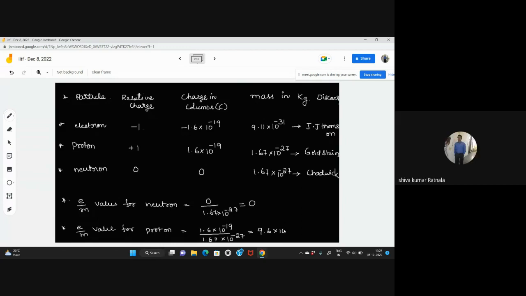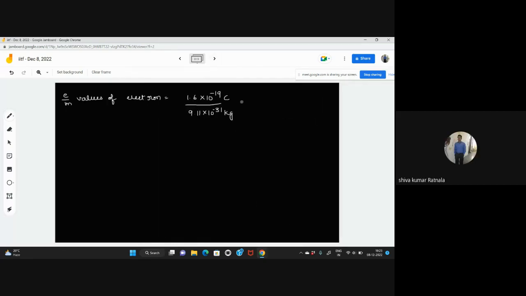And neutron is 0, electron will be 1.76 into 10 to the power of 11. Every unit will be coulomb per kg.